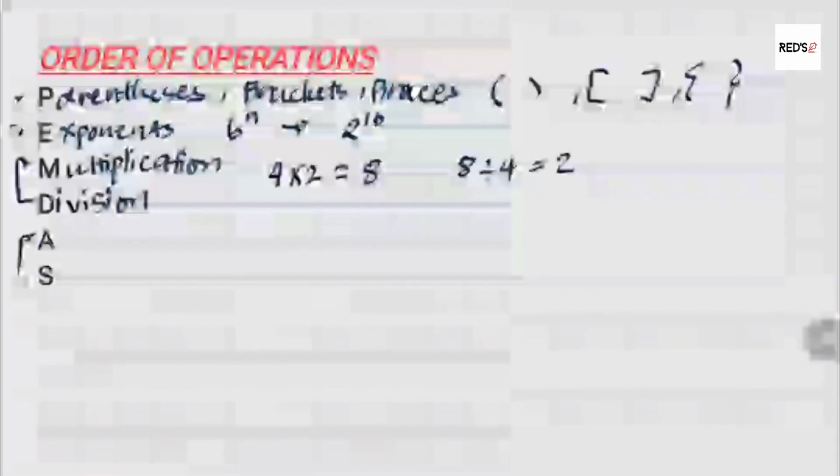Now lastly, we have A and S, which stand for addition and subtraction. All right, you know this already. It's just adding numbers or subtracting to get the sum and the difference.